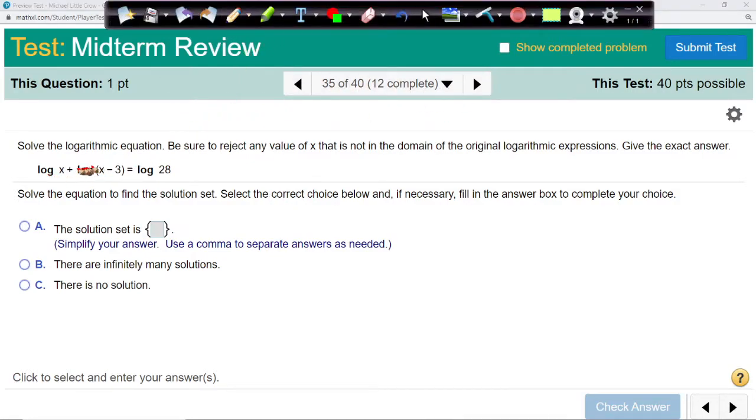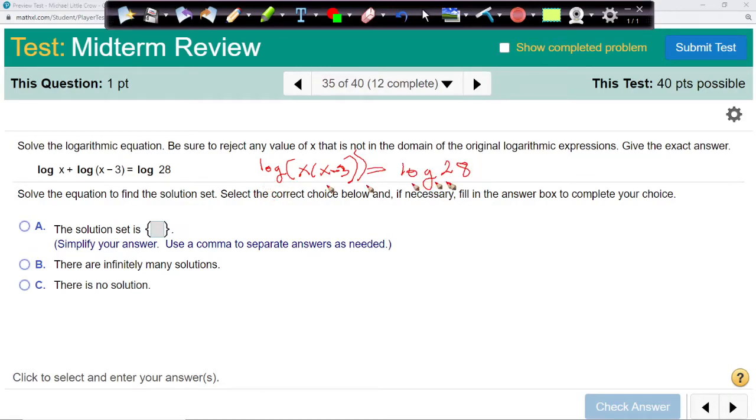We've got two logarithms here, but it's by addition, so that means it can become log of x times x minus 3. We can rewrite using log properties, double parentheses, equals the log of 28.